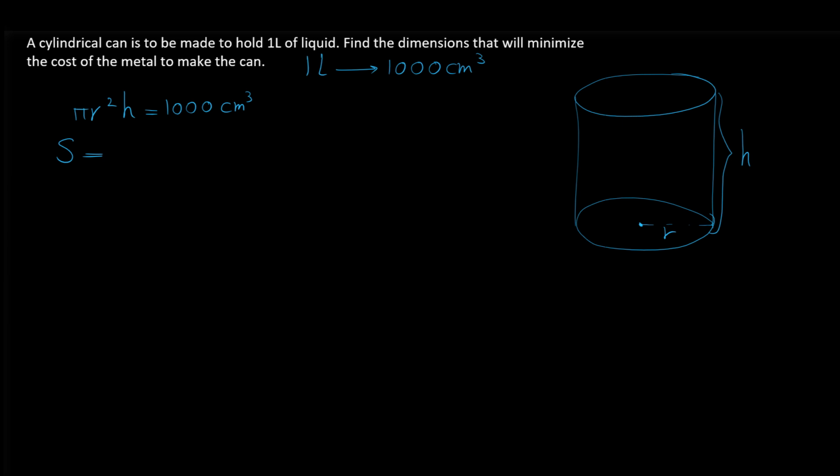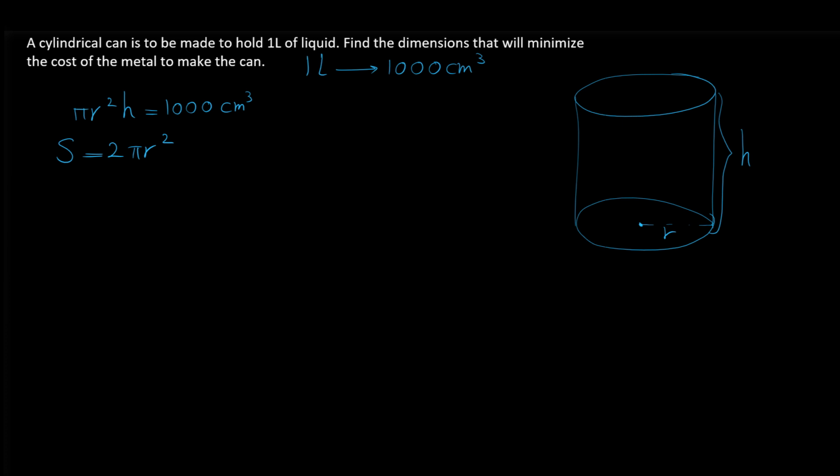The area of a circle is pi r squared, and we have 2 circles, so 2 pi r squared.